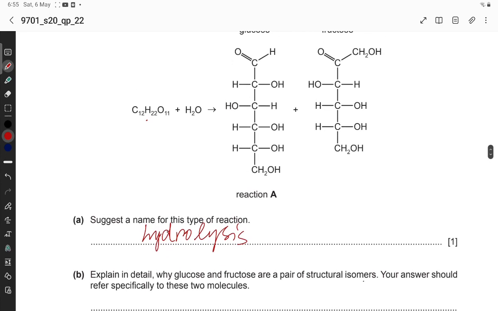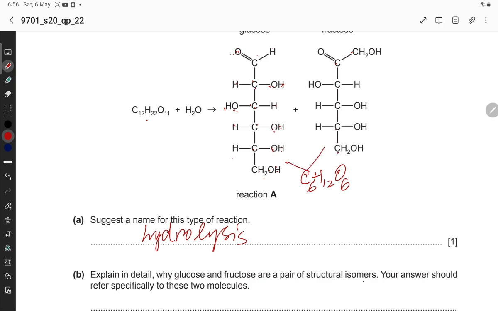Both have the same molecular formula, C6H12O6.